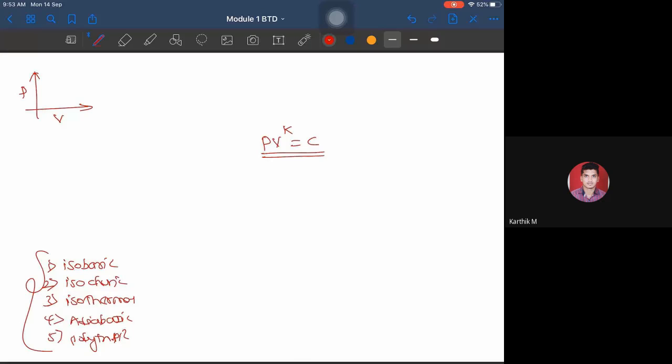P and V are your coordinate axes. By using this master equation, I can represent each and every process on a PV diagram. How, we shall see now.